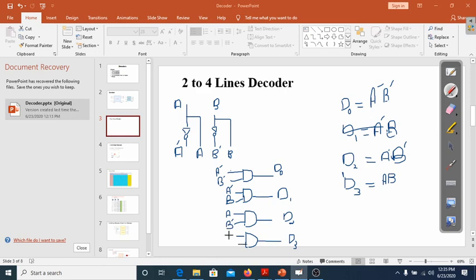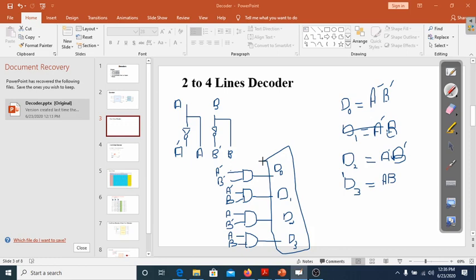And these two inputs, this one with A and this one with B. Okay, this is a 2 to 4 line decoder, so it has 2 inputs A and B, and we have 4 outputs: D0, D1, D2 and D3.